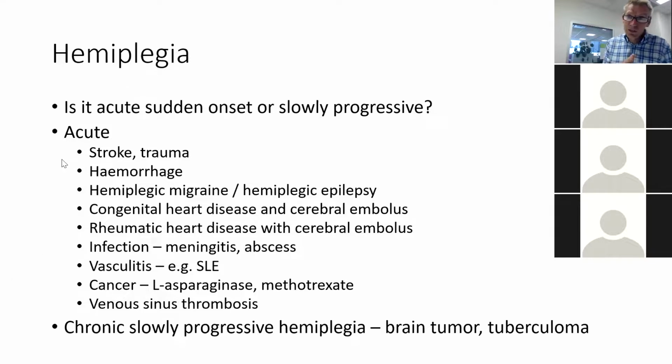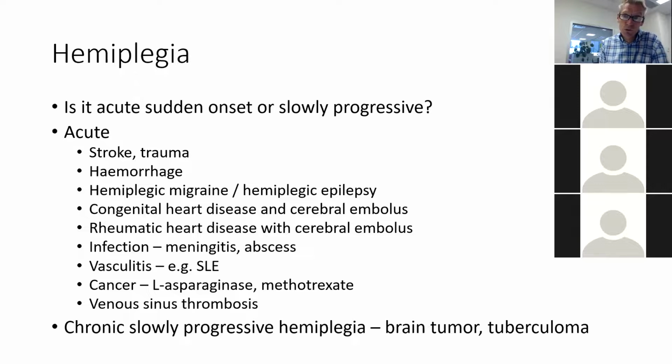When you've decided that this is a hemiplegia and therefore a contralateral cerebral cortical lesion, then you've got to think to yourself, well, what could it be? And what could it be depends on the rest of your clinical examination, whether there's other signs, for example, of congenital heart disease, and the child might have had a cerebral embolus or rheumatic heart disease, or signs of infection like meningitis and the baby's had an inflammatory cerebritis, or whether they've got a venous sinus thrombosis.